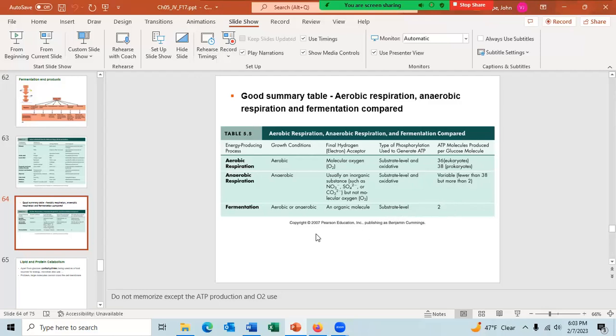Fermentation is a little different. Fermentation can be either anaerobically or aerobically, but in both environments, fermentation can happen. And the reason for that is that the bacteria, or whatever the yeast that's doing the fermentation, can ferment the ingredient we're adding in.